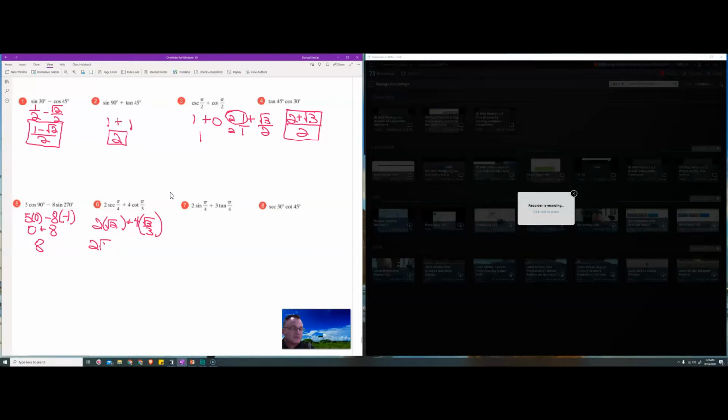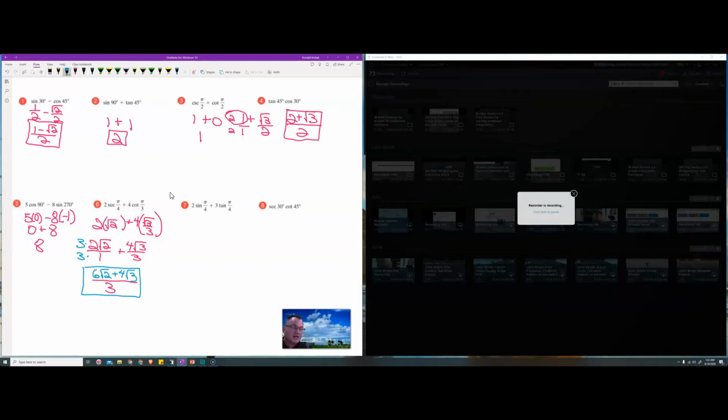This is 2 root 2 over 1. And this is 4 root 3 over 3. So my least common denominator is 3. So I've got to multiply top and bottom of this by 3. And I get 6 root 2 plus 4 root 3 over 3. And that's as far as you can go on this.